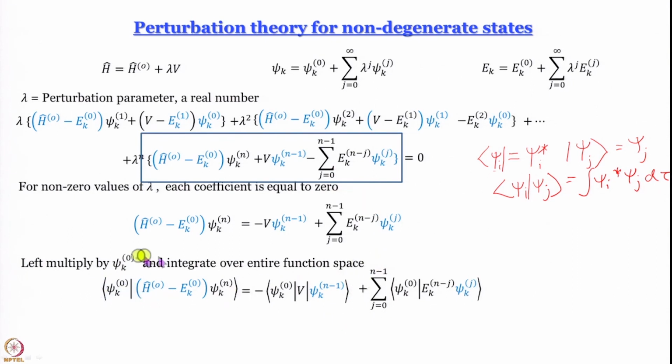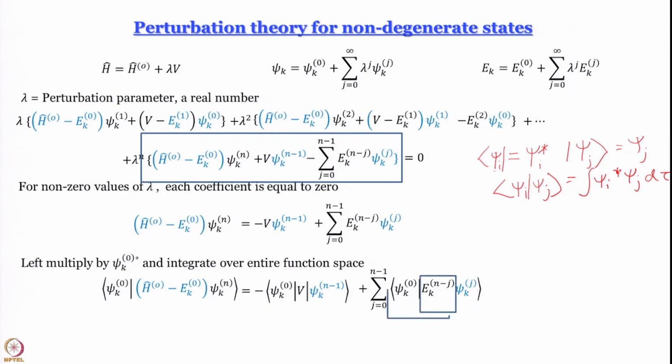See, I am multiplying by one quantity, a specific quantity ψ_k^(0), so there is no problem in taking it inside and then integrating. So I have a sum of integrals, each of which is ψ_k^(0) E_k^(n−j) ψ_k^(j). Let us see how this helps simplify the situation.